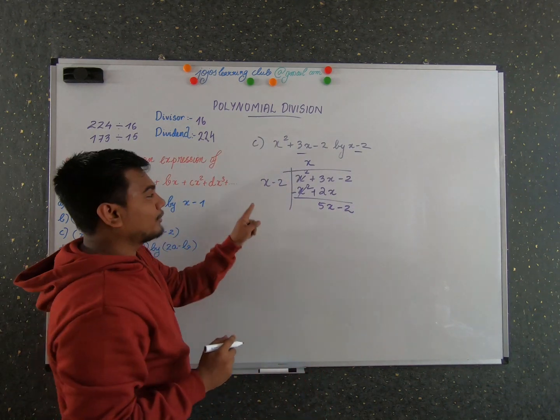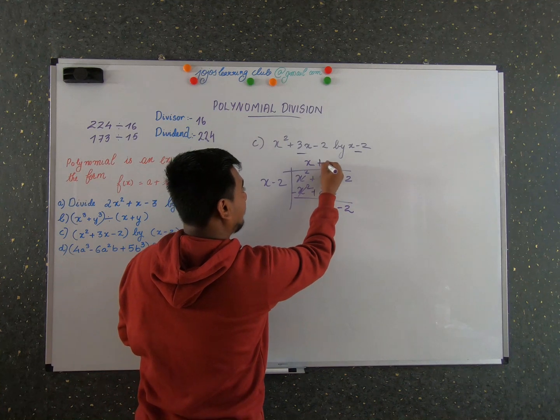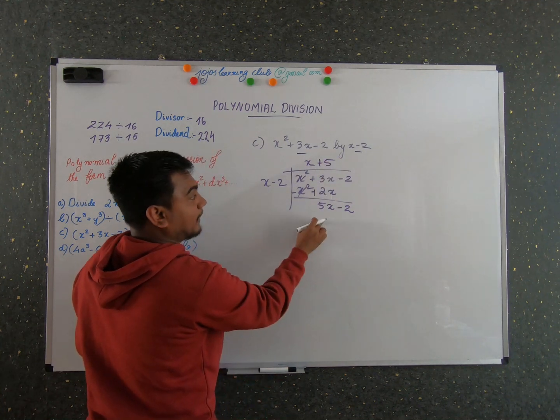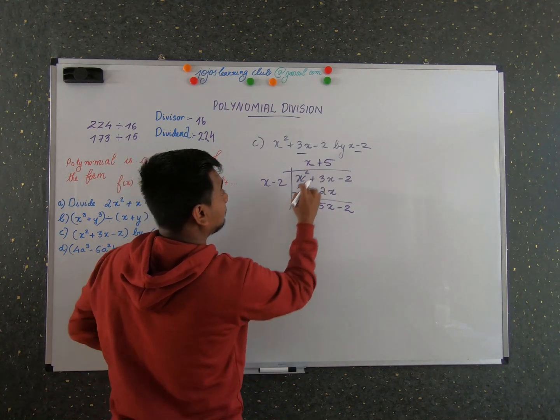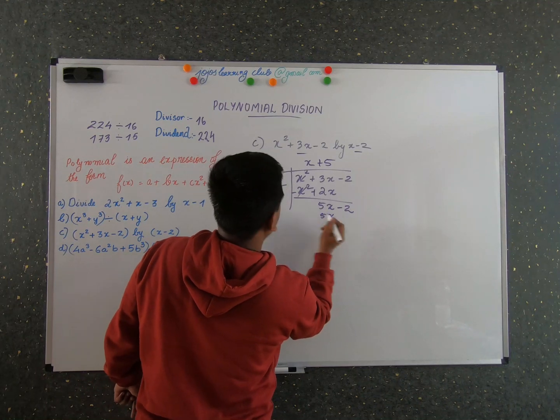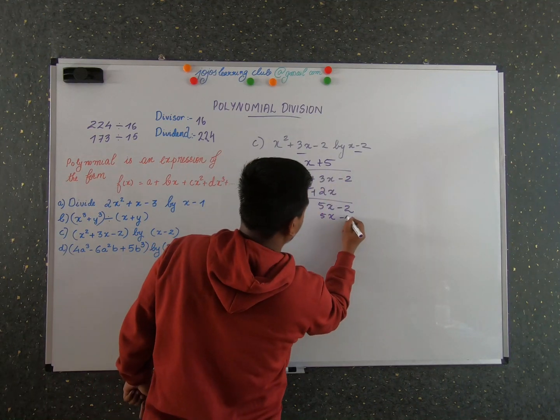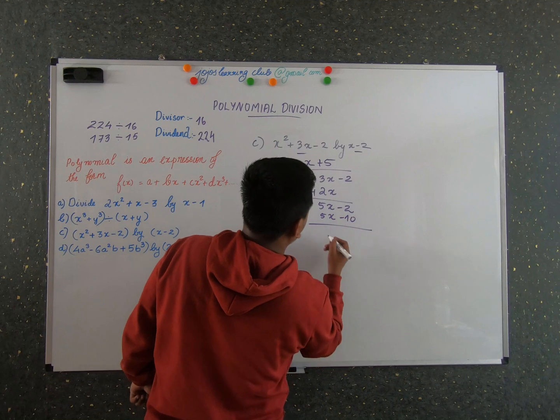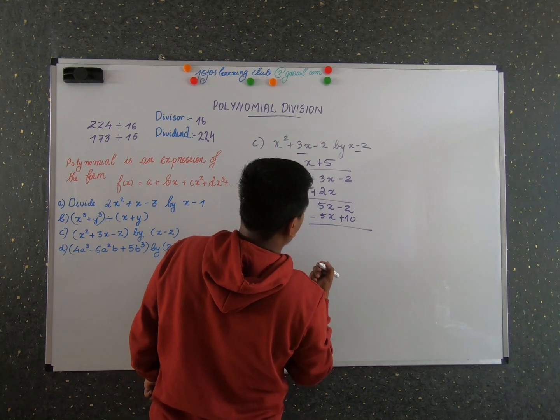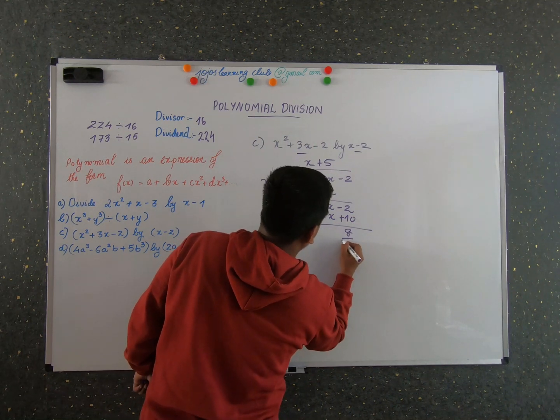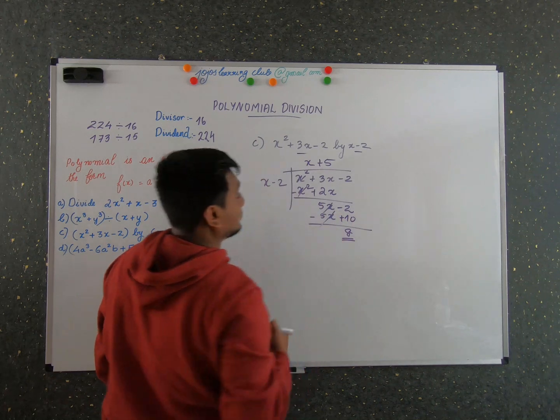Now again you have to multiply by 5, so that it becomes 5x. x into 5 is 5x, minus 2 into 5 is minus 10. So you subtract, and again it becomes plus here. So 8 is the remainder, and it is not completely divisible, right?